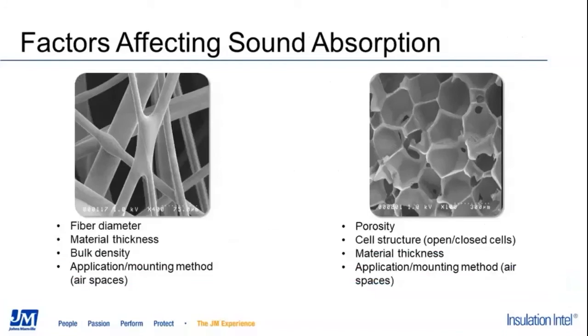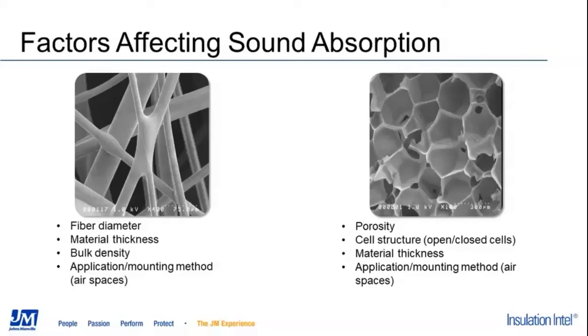If we look at the material characteristics that are relevant for a sound absorption type of solution, as I mentioned earlier, it's typically an open cell material, so looking at the fiber diameter or the dimensions of the solid portion of the material itself. So taking a look at the amount of air you have contained in the material versus the amount of material that is there could be very critical.